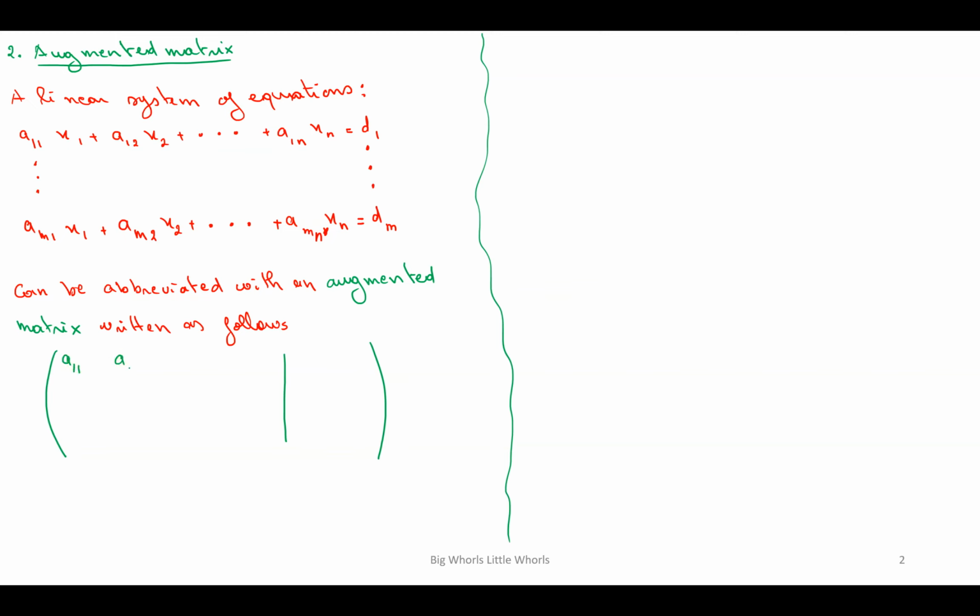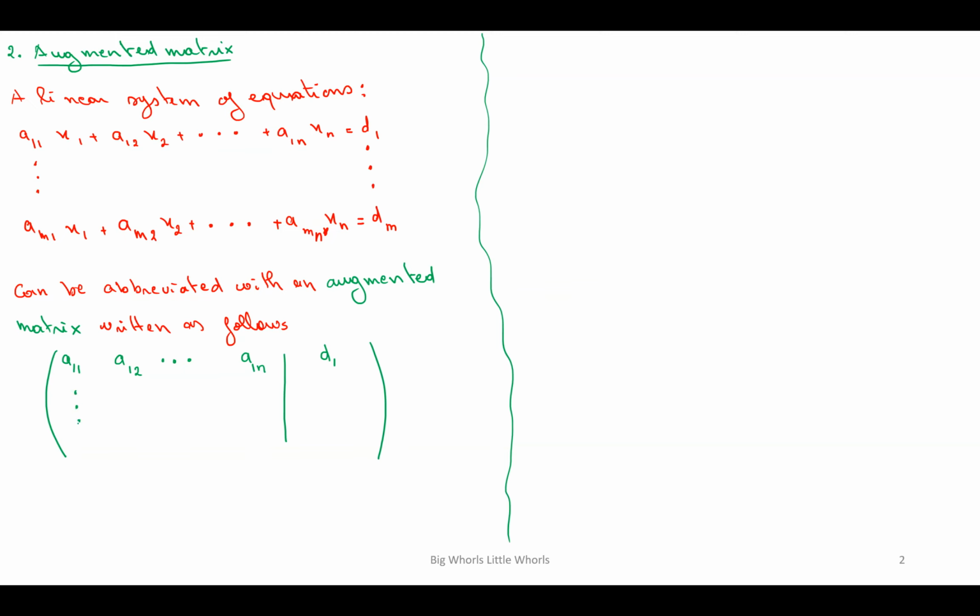So here we have the coefficients a11, a12, dot dot dot, a1n. Those are the coefficients of the system. And on the right hand side we have the constants, d1.